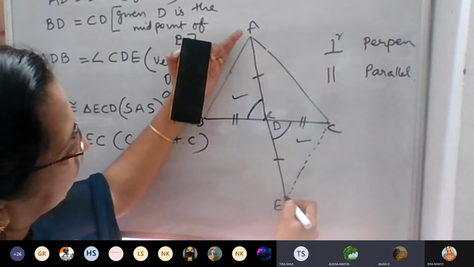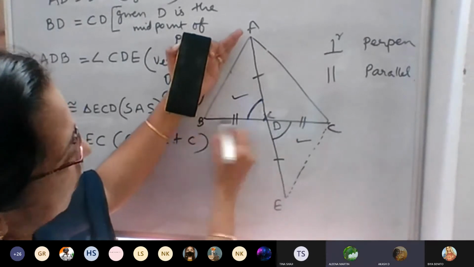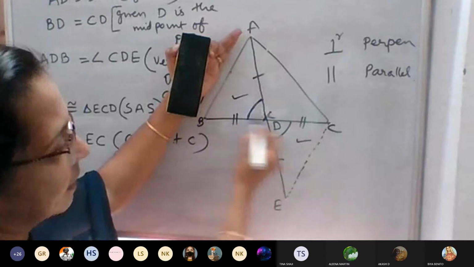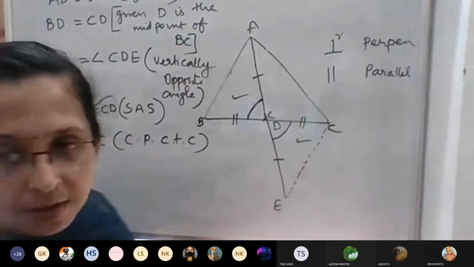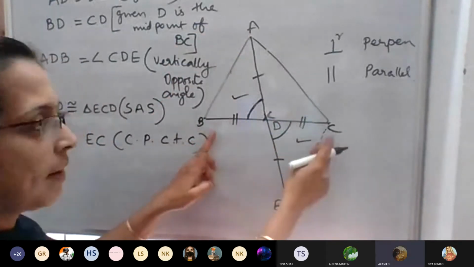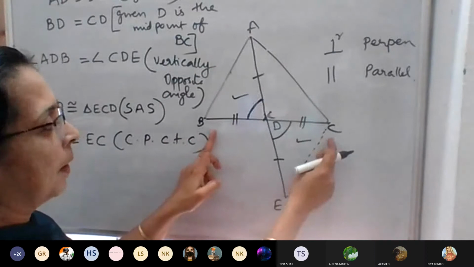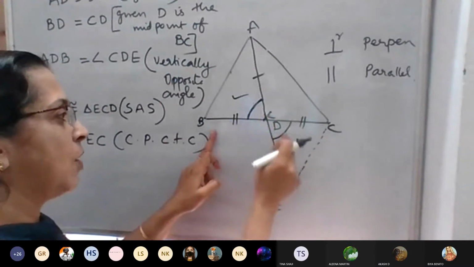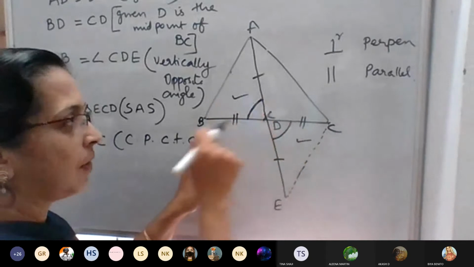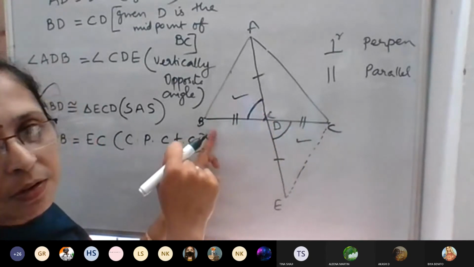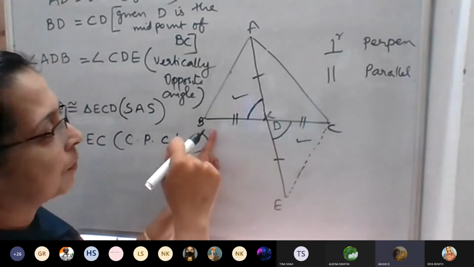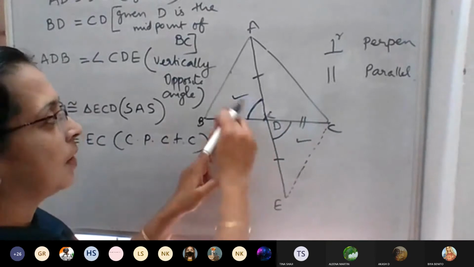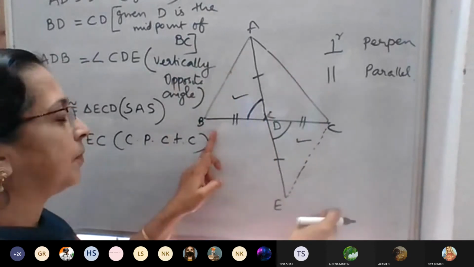Yes, AE. BC is also a transversal, isn't it? If we take BC as a transversal, already we wrote these two are vertically opposite angles. Again, same angle we will get. So don't do that. Just take another one.